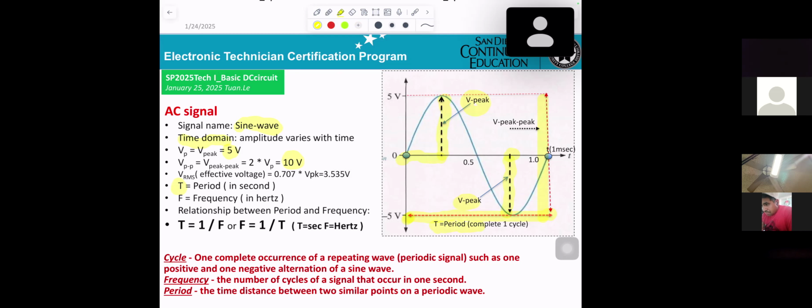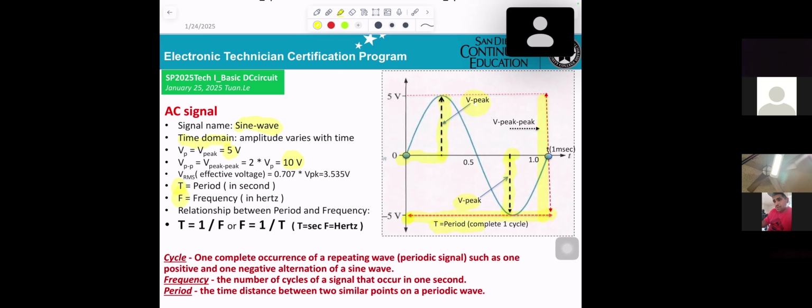You cannot use the oscilloscope display to measure the frequency directly. So you have to do a calculation for the frequency.